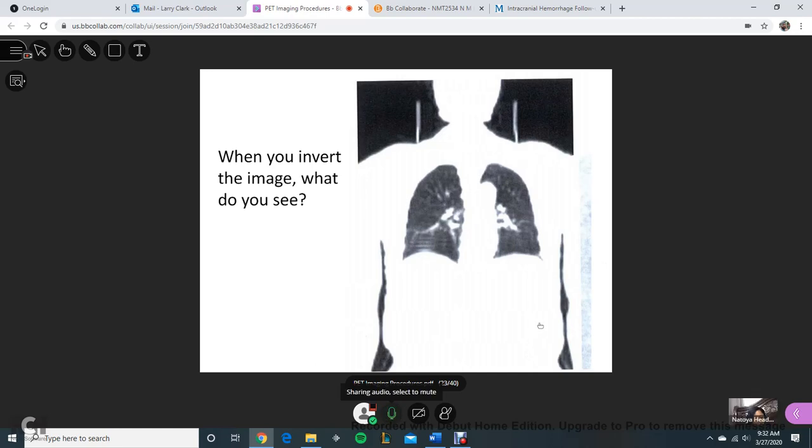What does inverting the picture mean? Putting it upside down, inverted. No, you're changing the contrast of the image. Right. So if you invert that picture, what do you think would happen based on what we were talking about, the lungs?